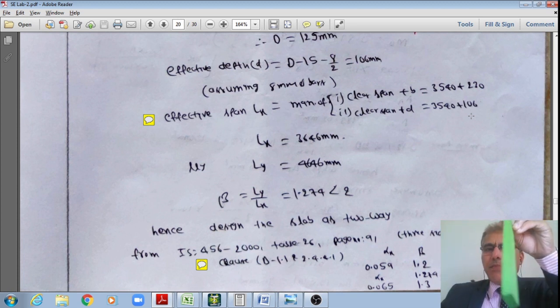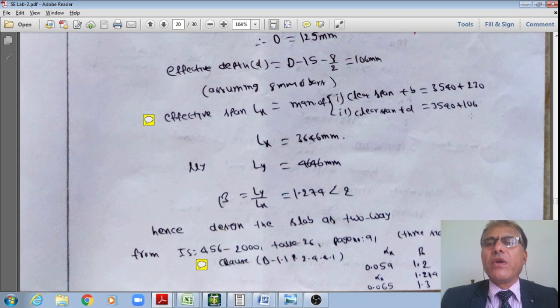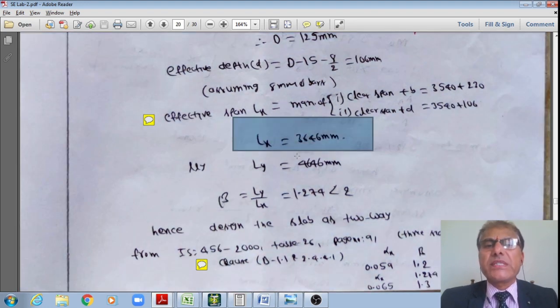Out of these two, which is minimum, we get the second one as the minimum, therefore it works out Lx is equal to 3646 mm.